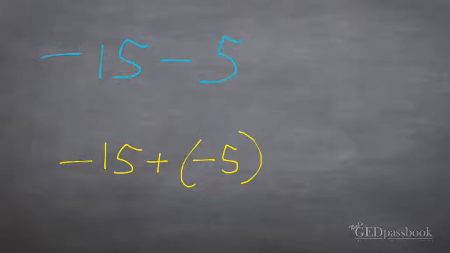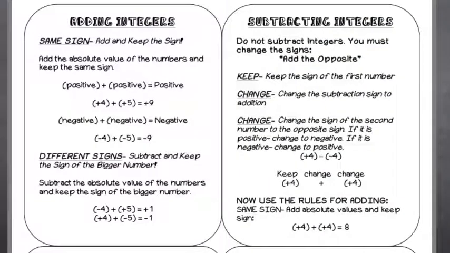So now, what rule is this? Yep, it's the adding integers with the same sign. That's this one right here. Same sign. Add and keep the sign. We got to use that rule right there.